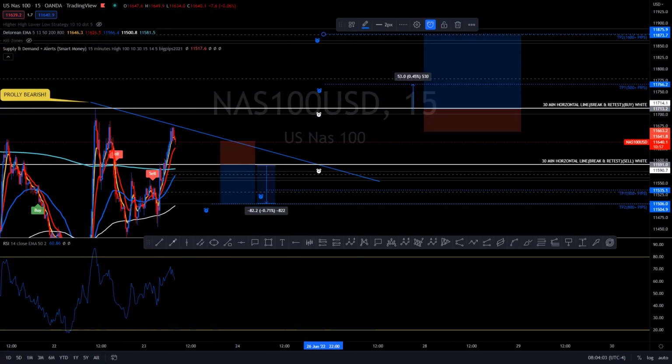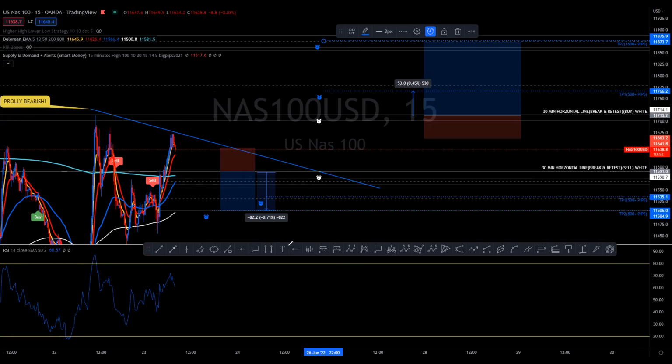So this is the indicator that I use as extra confirmation on top of any analysis that I do. So anytime the yellow EMA crosses the red EMA, and it's either above or below the 50 EMA, which is this blue line, it usually signifies a good confirmation to get into a strong buy or sell.